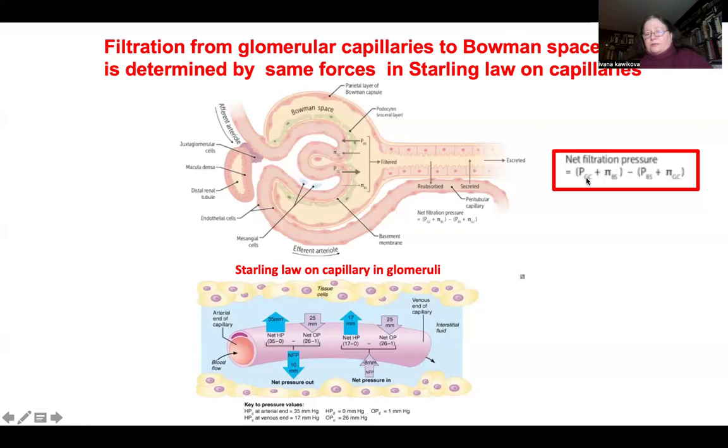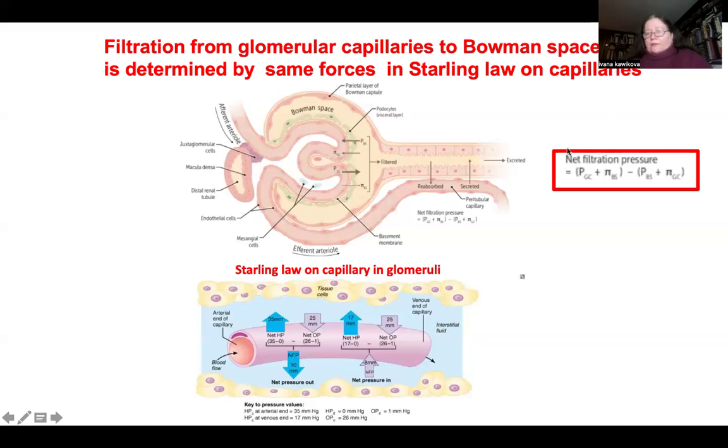So these two forces, hydrostatic pressure in the glomerular capillary and oncotic pressure in Bowman space, pull the fluid out, while what is opposing the filtration is the hydrostatic pressure of the fluid in the Bowman space and the oncotic pressure of proteins in the capillary.